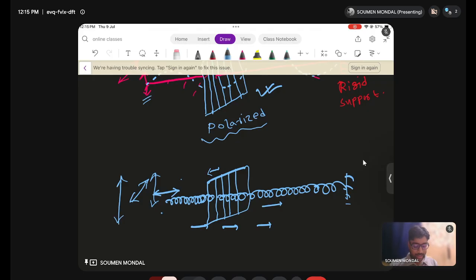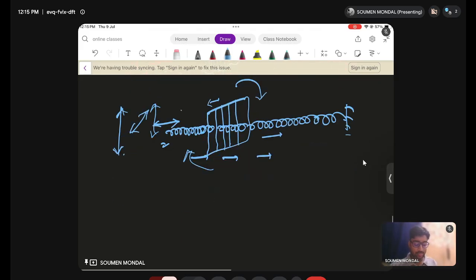We are always oscillating in the same direction, and we can rotate the window to restrict the wave.